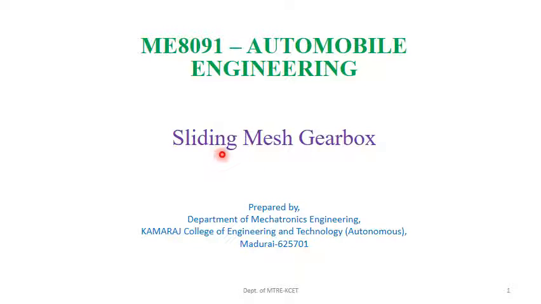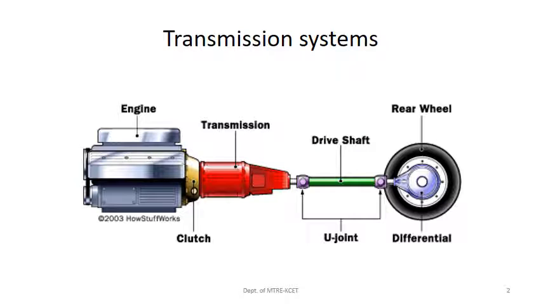Today we are going to see about the topic sliding mesh gearboxes in automobile. Before going to the topic, first we will learn about transmission systems used in automobile vehicles. In an automobile vehicle, the engine is the power source.